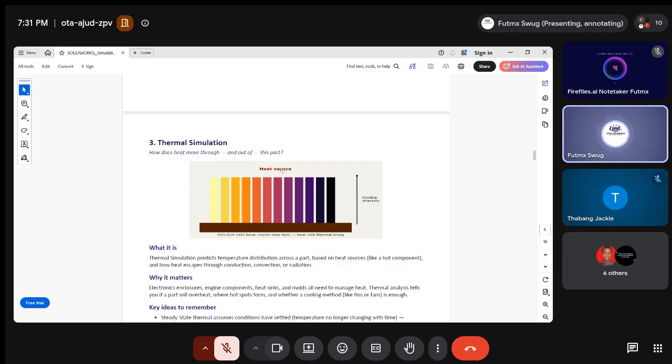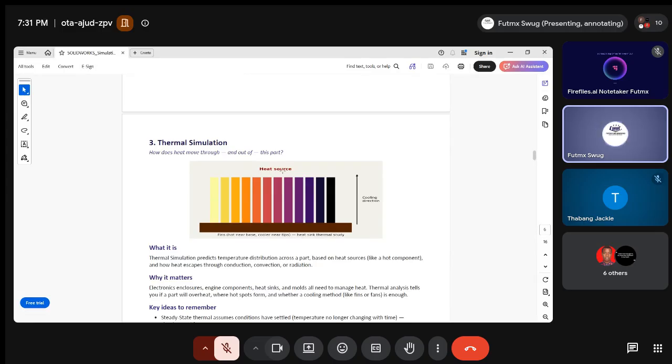From that analysis, we were able to inform the client that this is where he should apply his fan for cooling and all that.